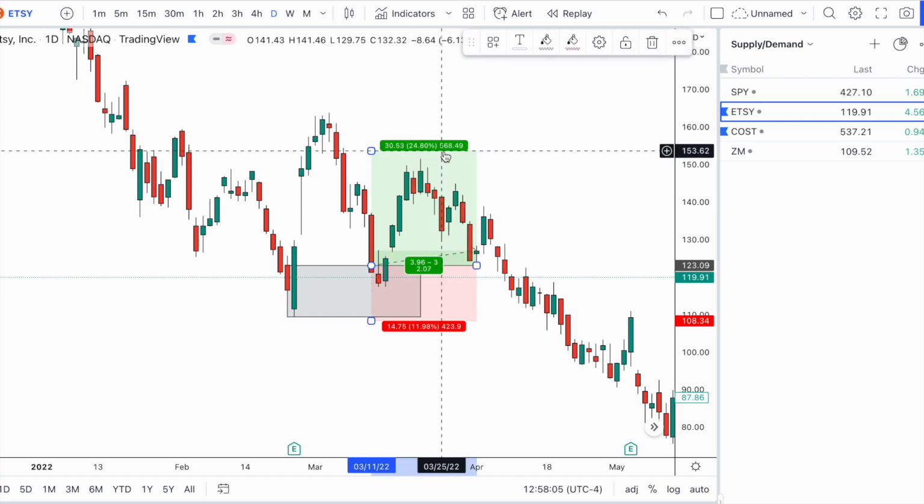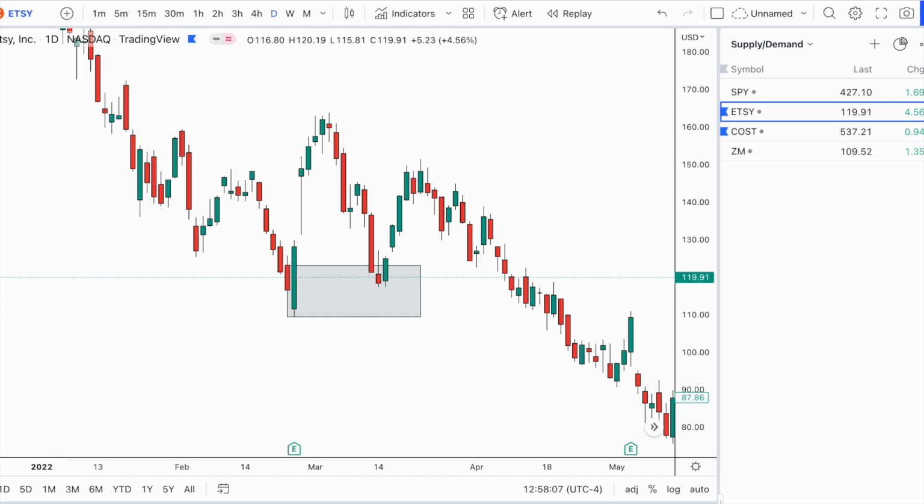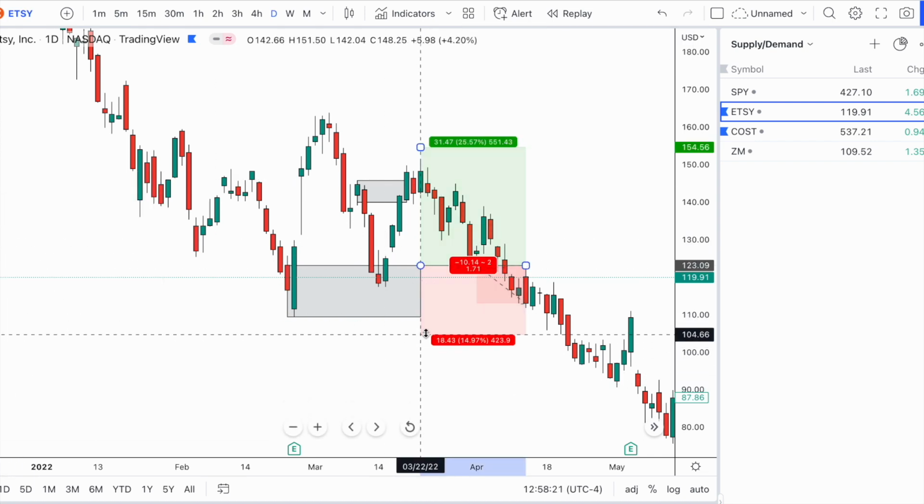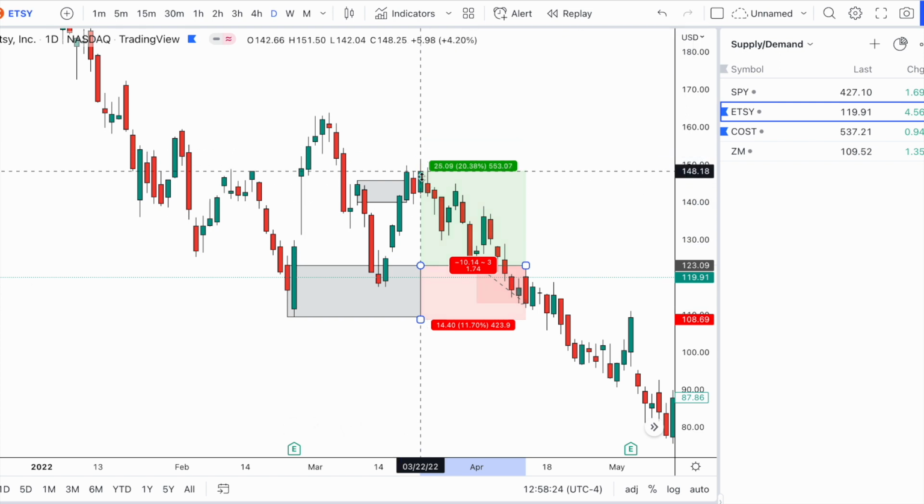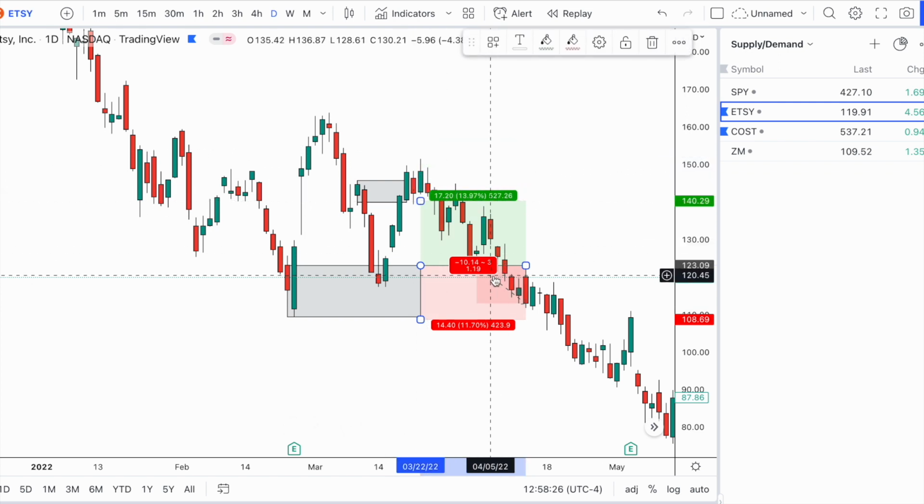If we're looking at this example, we have a mini supply zone right here, this candle, just like that. That obviously ended up breaking, but you can see that price came down, and then we could put a target right here. So if we were to take this trade, I'd be getting in along there, stop right about there, target would be that supply. So about a 1.19 R trade, not bad at all.